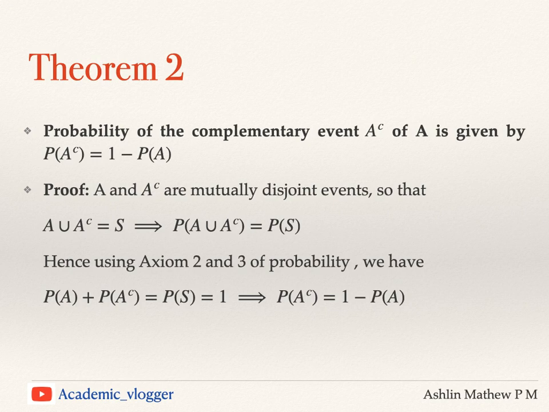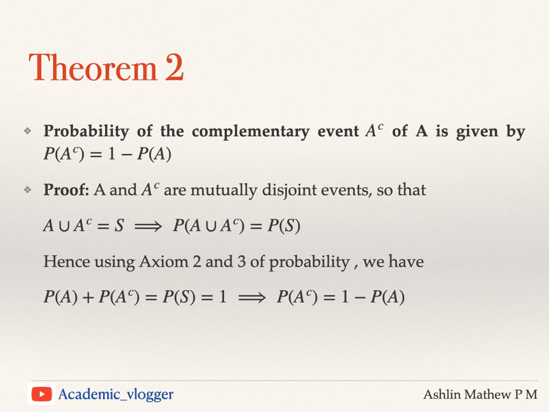So A union A complement is equal to S, which implies the probability of A union A complement is equal to the probability of S. And we know the probability of S is equal to 1 using axiom 2 of the axiomatic definition of probability.